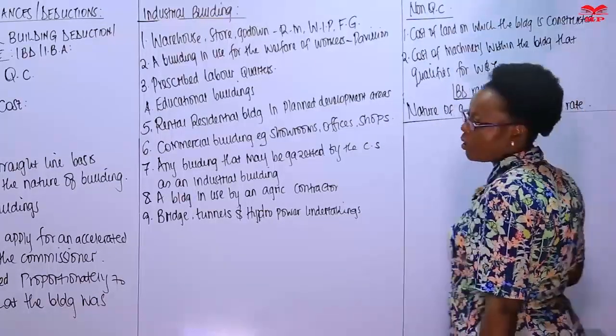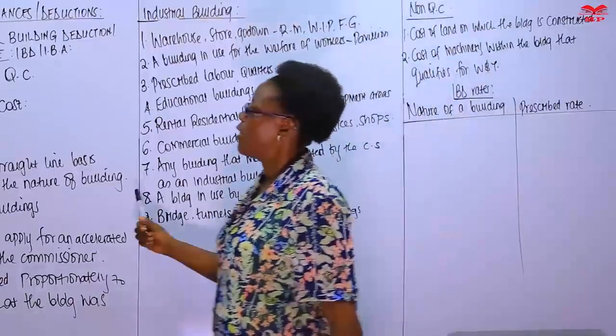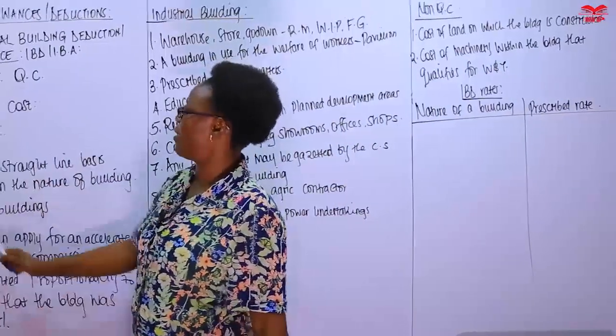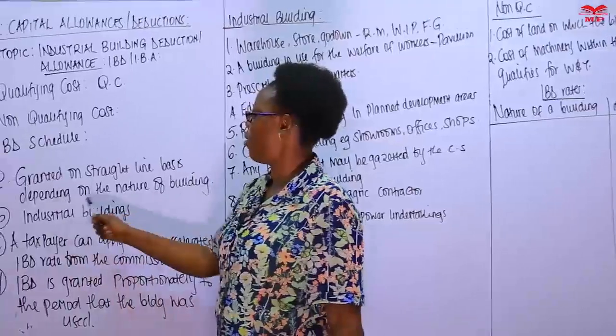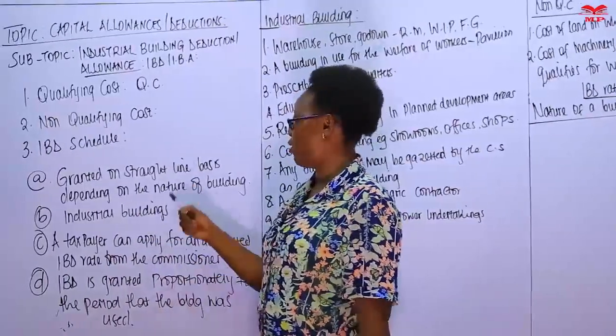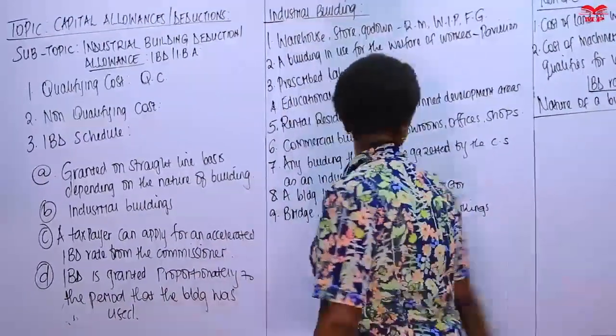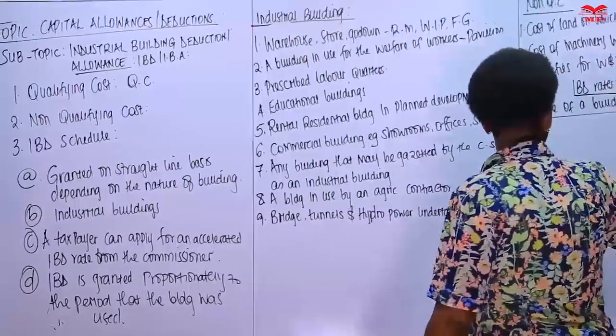Now why? Because we had said that IBD is granted on a straight line basis depending on the nature of the building. That is why we now have the nature of the building.